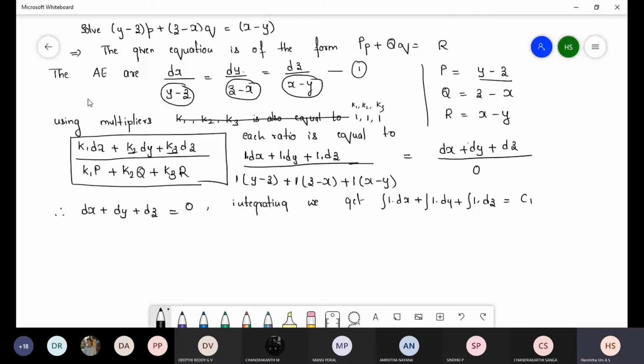Write the integration, 1 with respect to x, 1 with respect to y and 1 with respect to z. What is the integration? X plus y plus z is equal to C1. Yes, very good. X plus y plus z is equal to C1.